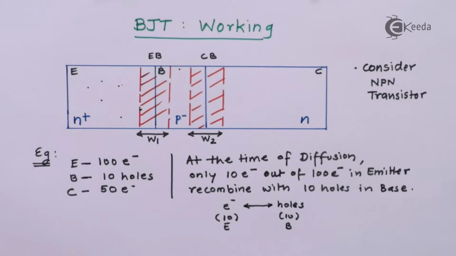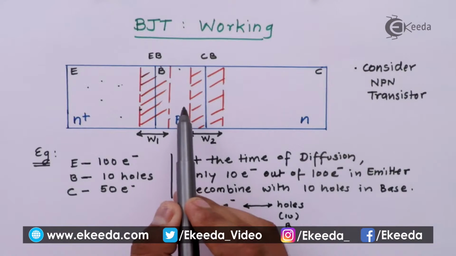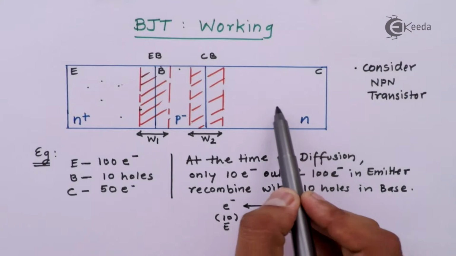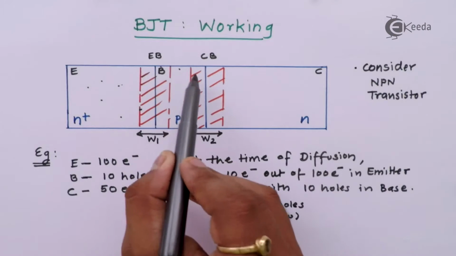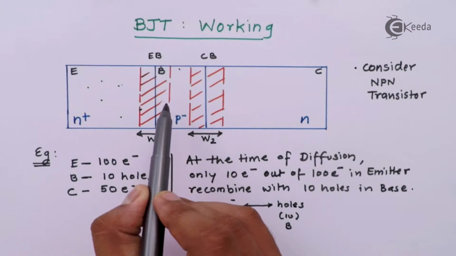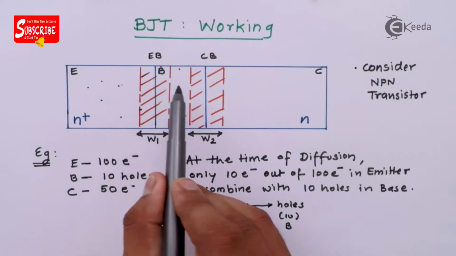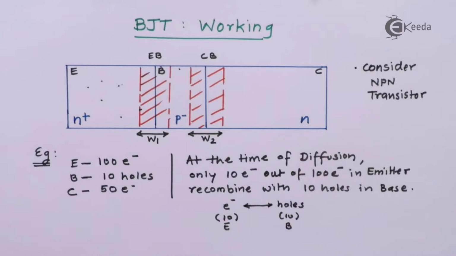So about 40 electrons remain, and these 40 electrons will try to move away from the negative ions. As these electrons also move towards the base side, so many electrons are present at the base side. This is how the EB junction and CB junction get formed and the BJT diffusion process gets completed.